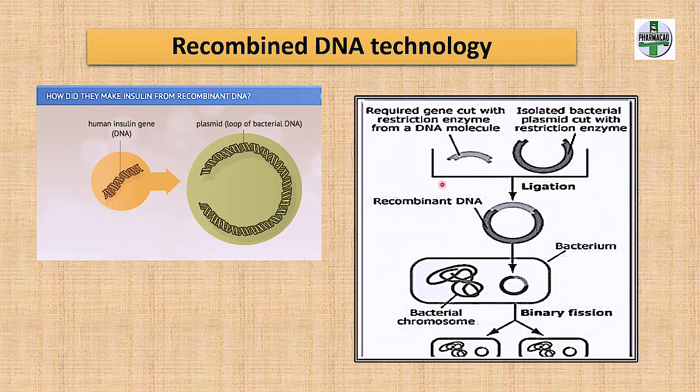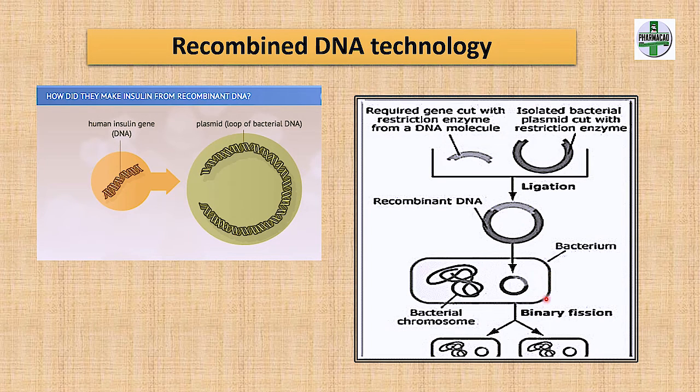So this is a diagrammatic representation of it. This is an insulin gene, and this will be our plasmid. What is a plasmid? We will learn about this in the next video, but for basic understanding, keep in mind that a plasmid is a circular, extra-chromosomal DNA.